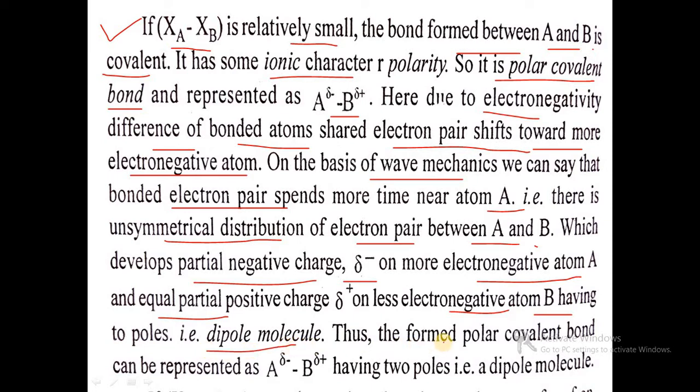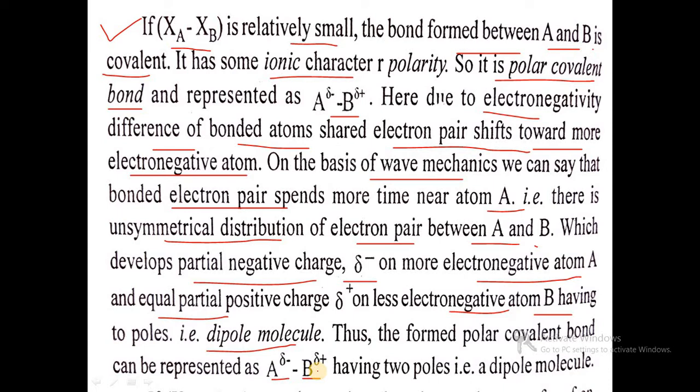Thus the polar covalent bond can be represented with delta minus and delta plus on atom A and atom B.